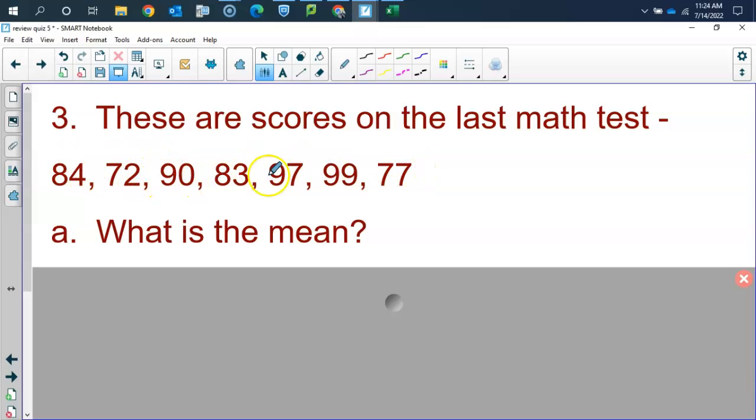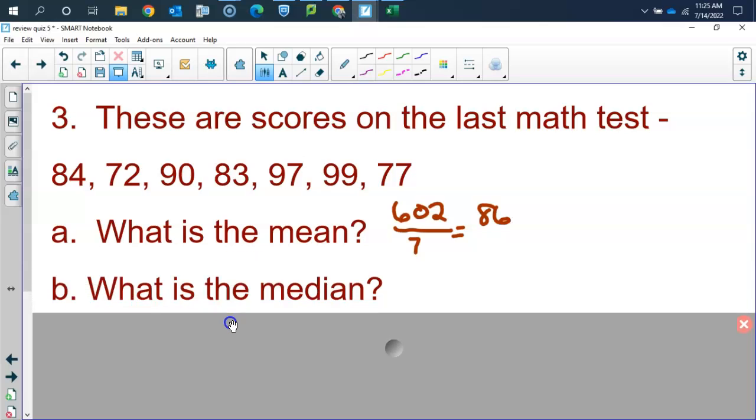So if I add all of these together, you should have gotten 602. And then you divide that by how many numbers there are: 1, 2, 3, 4, 5, 6, 7. So divided by 7. And when you do that, you get 86. So the mean, or average, mean and average mean the same thing, for that class is 86.